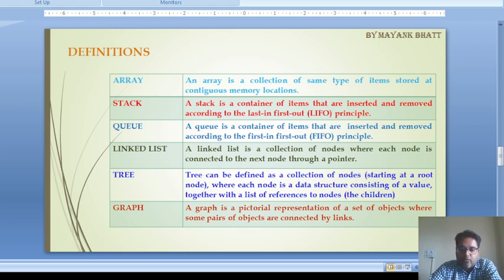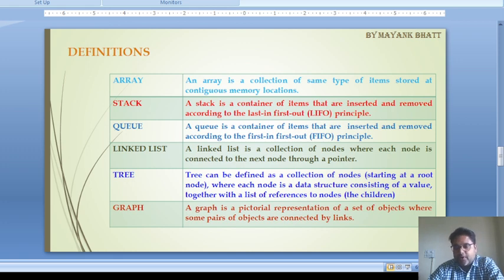Now the queue. A queue is also a container of items that are stored or removed according to the first in first out principle. You can see it in any ticket booking system or at a bank, where there is a queue. Whichever person reaches a particular place first, the next person comes behind that person.